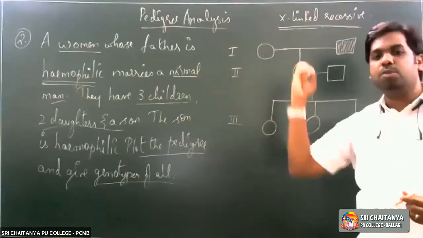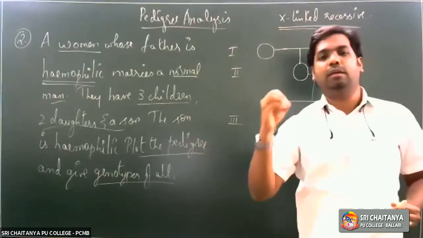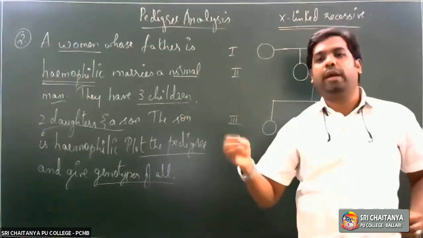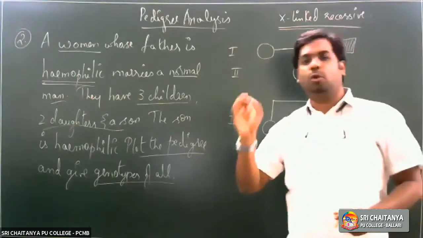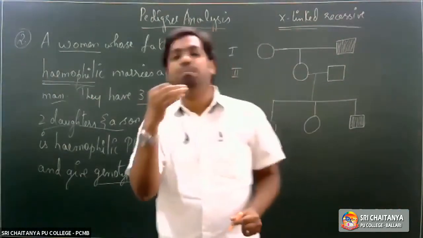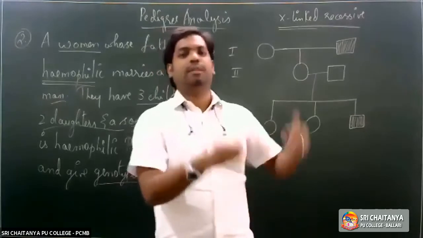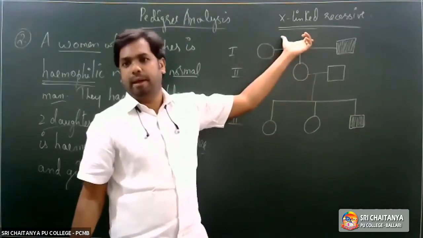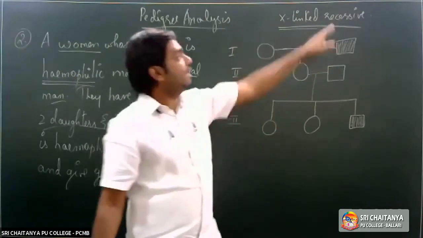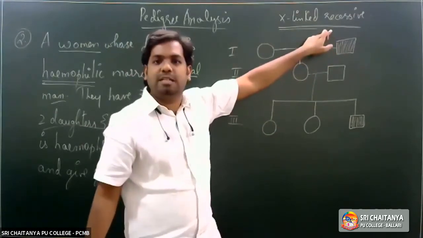X-linked means the mutation is seen on the genes located on chromosome X, right? So if the genes located on chromosome X are mutated, that condition we call X-linked. If the mutation is a recessive mutation, what does that mean?